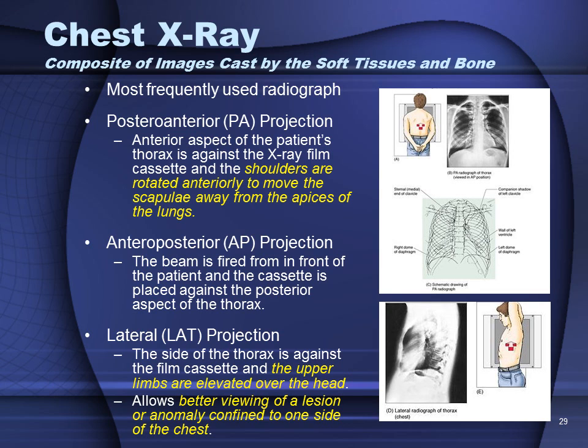In this case, the beam enters one side of the thorax and leaves the other side that is placed against the cassette. It is important that the patient lift their upper extremities above their head so that the view of the thorax is not obstructed by the bones of the upper extremity.